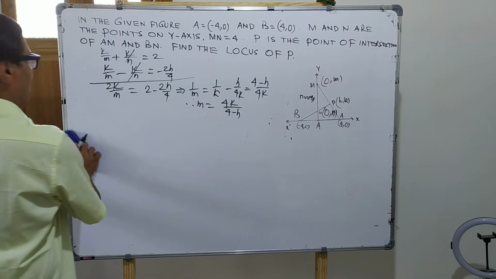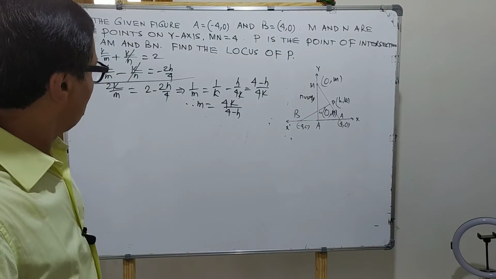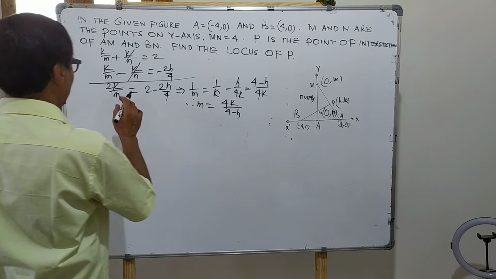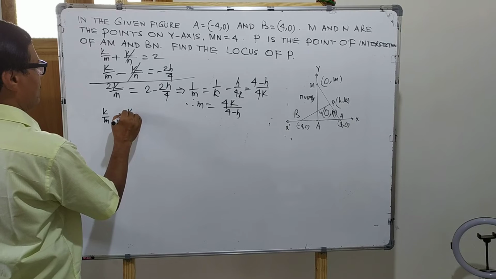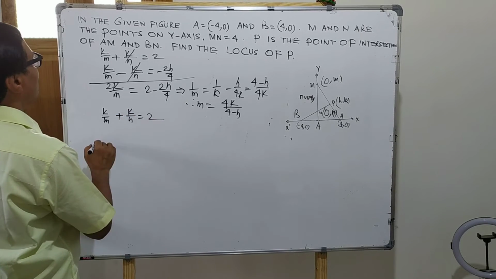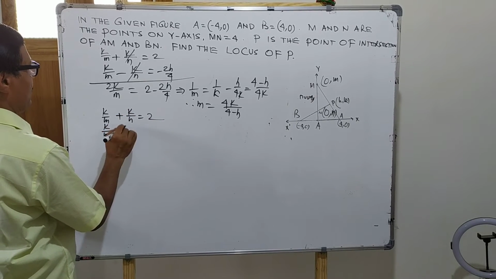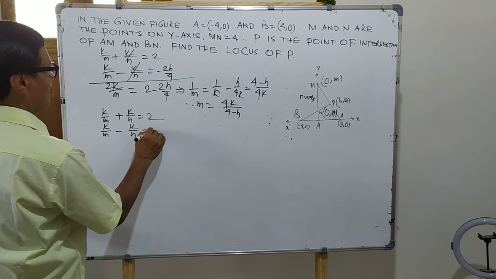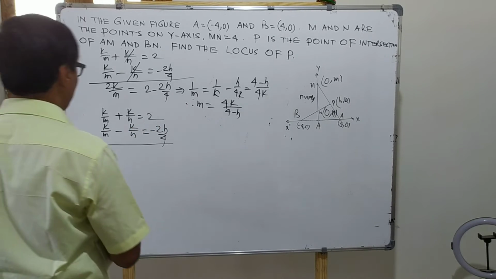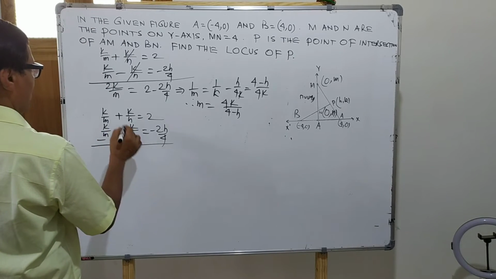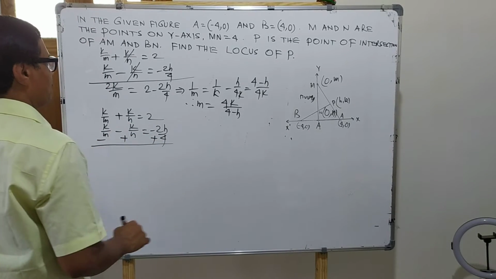Now, if we subtract the second equation from the first equation, we get k over m plus k over n equal to 2, k over m minus k over n equal to minus 2h over 4. If we subtract second from first, minus minus becomes plus.